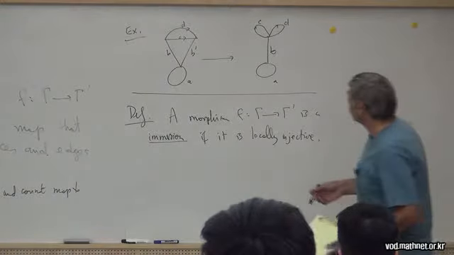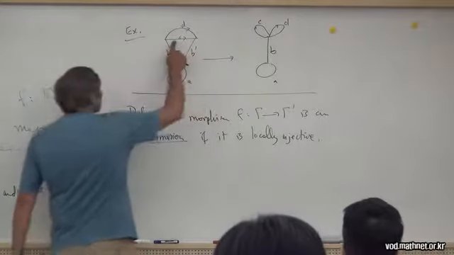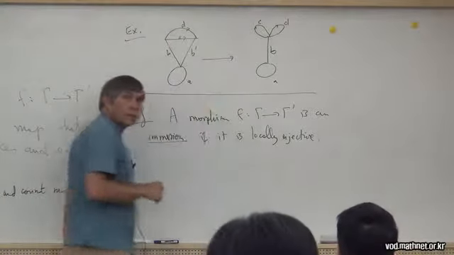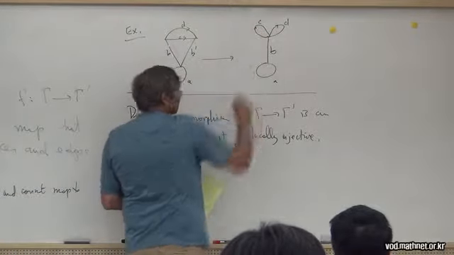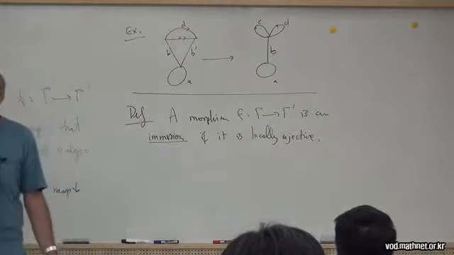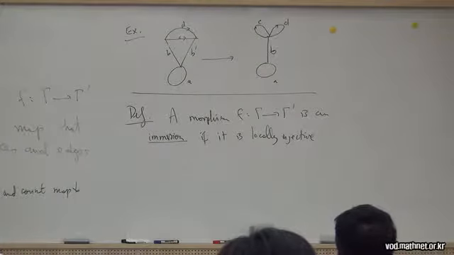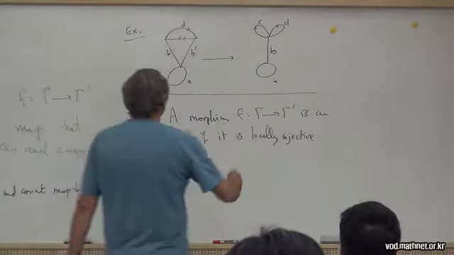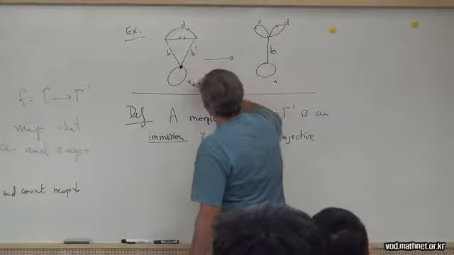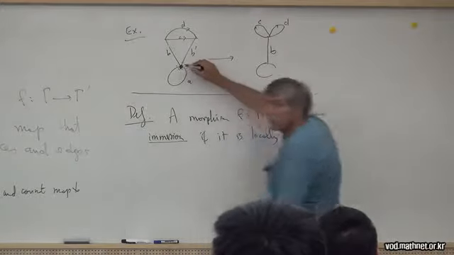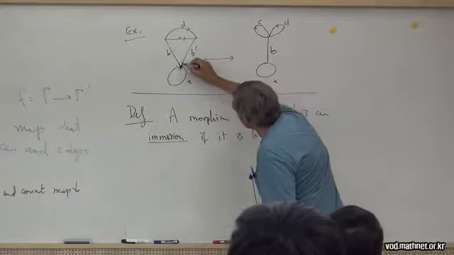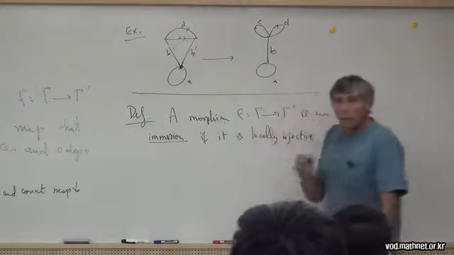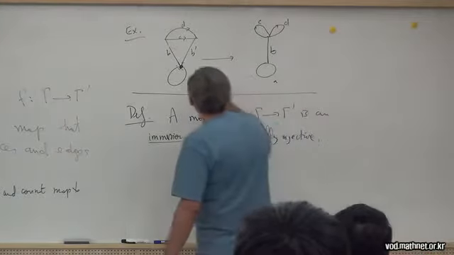And this is automatic if that point is in the middle of an edge, just because we are sending edges to edges. So a little neighborhood of such a point will map homeomorphically to a little neighborhood of the image point. Open edges go homeomorphically to open edges. So the only issue is the vertices. This map is not locally injective. This point here doesn't have a neighborhood where the function is injective, because these two little pieces of edges will get identified. So this is not locally injective.